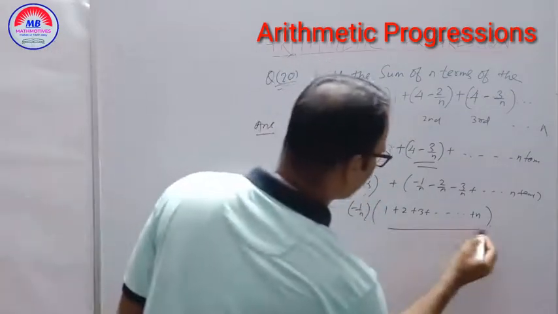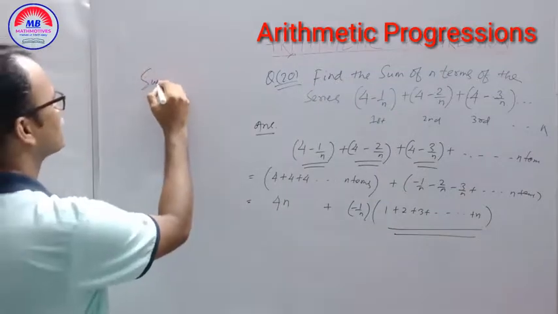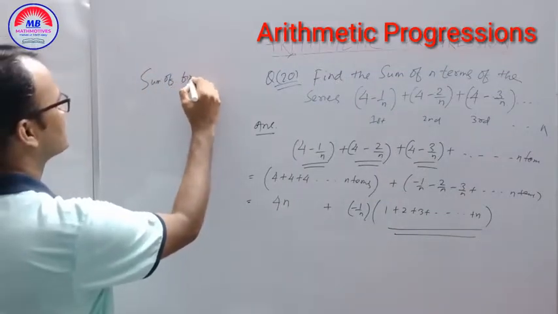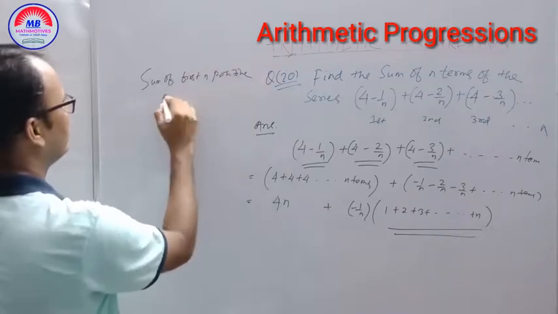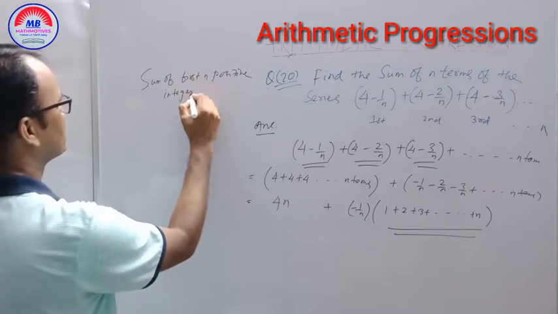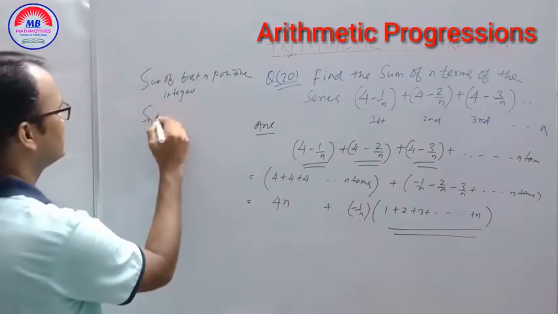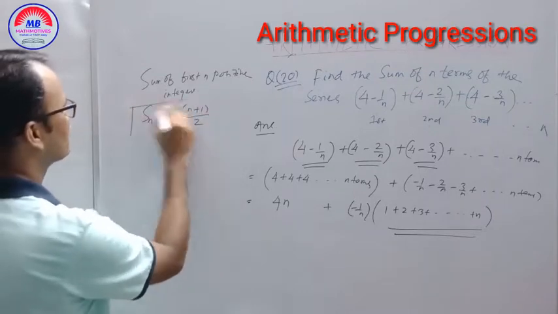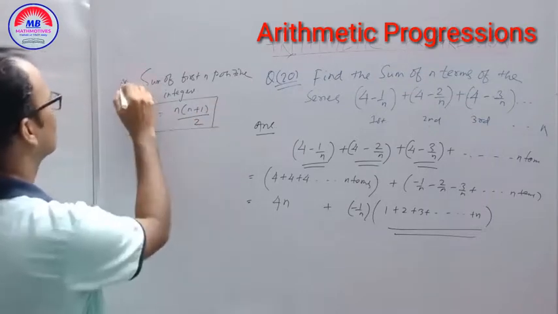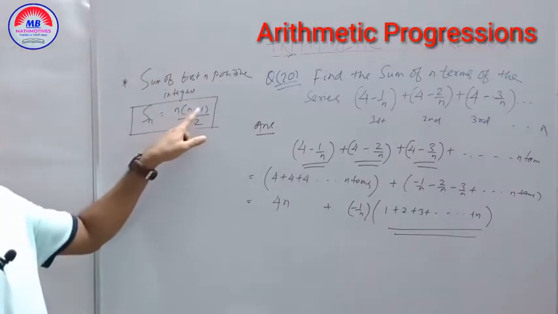So 1 to n is the sum of the first n positive integers. There is a formula. Sn here is n into n plus 1 by 2. The sum of the first n positive integers, formula is n into n plus 1 by 2.